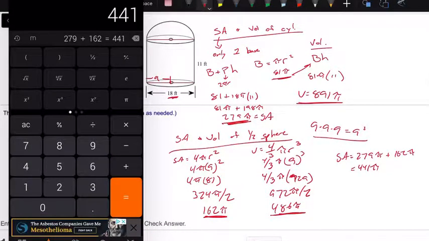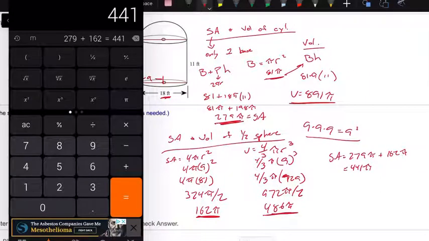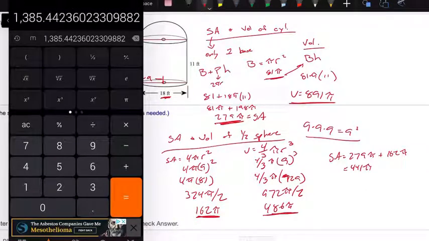The answer, as it asked over here, is to the nearest tenth. So 441 times pi would give me roughly 1,385.4 feet squared for my total surface area.